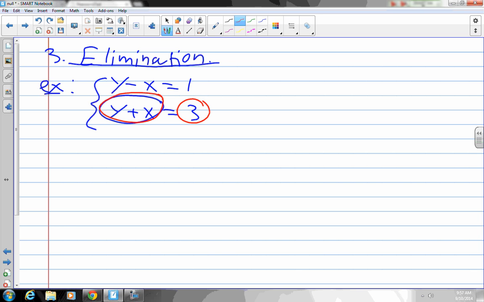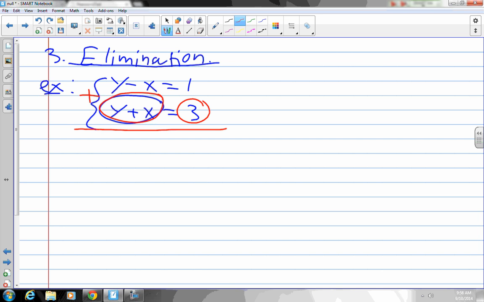It tells me that y plus x equals 3. Those are equal parts. So I can take another equation and add y plus x to one side and add 3 to the other side, because I'm still adding equal parts. Now, the nice thing happens if I just add these two equations.